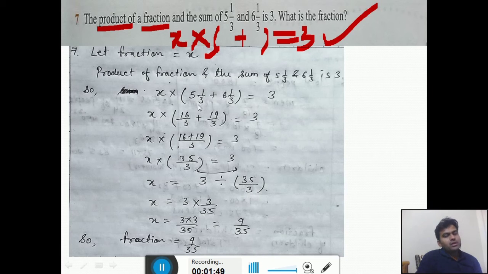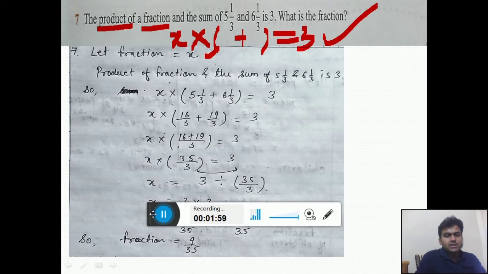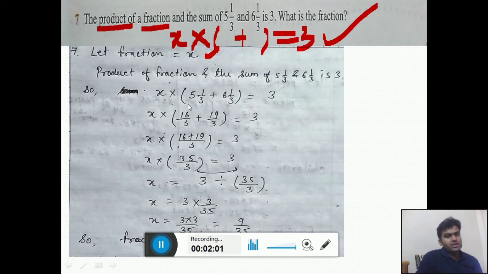Before solving this bracket, we have to change these mixed fractions into fractions. So 5 into 3 equals 15, 15 plus 1 equals 16.